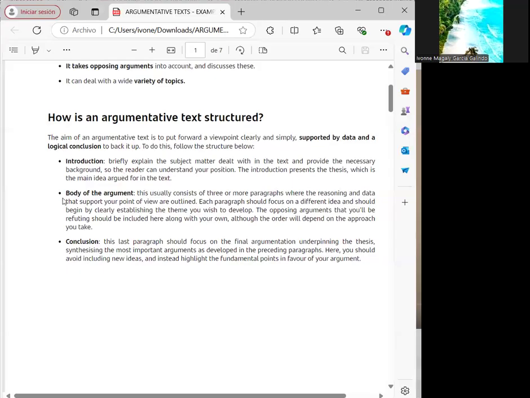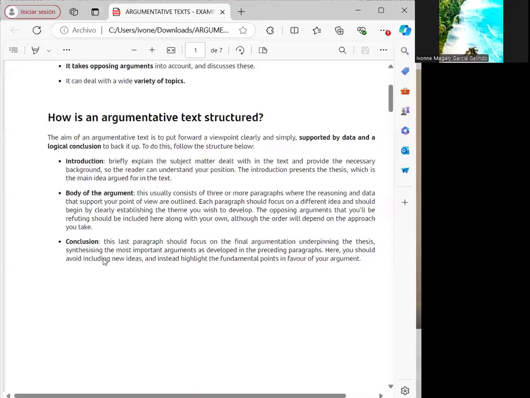And then in the second or third paragraph, you are going to discuss and support your main idea, your point of view. And then you have to conclude. There is also a conclusion. Some of your tests, some of them do not have conclusions.